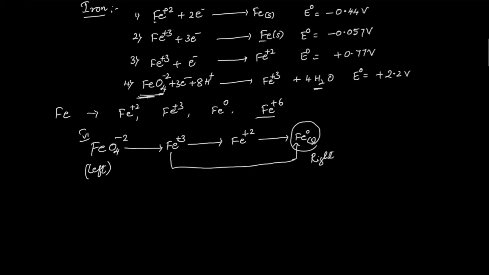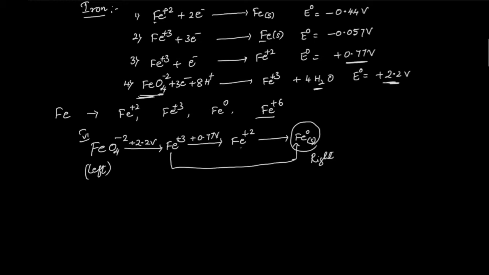For the conversion of Fe plus 6 to plus 3, what is the value of E naught? Plus 2.2. That should be written on this arrow, 2.2 volt. The next half reaction is Fe plus 3 to Fe plus 2. For that, E naught value is plus 0.77 volt.